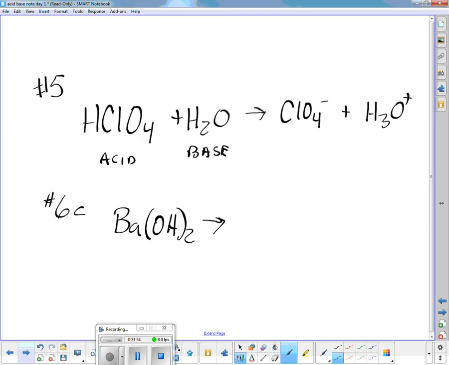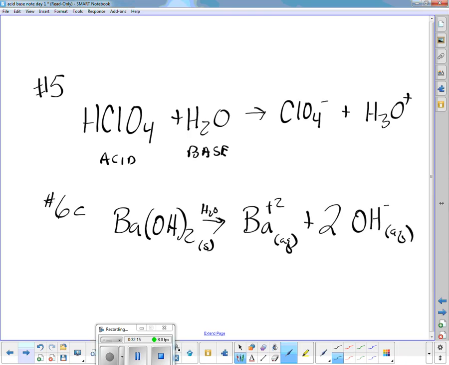They become their ions. So we're going to say, okay, I'm adding this solid to water, and I can even put water above here if I want to. I don't have to. But it becomes barium ions, Ba2+ aqueous, which just means dissolved in water, and 2 OH minus aqueous. So you got an example there.